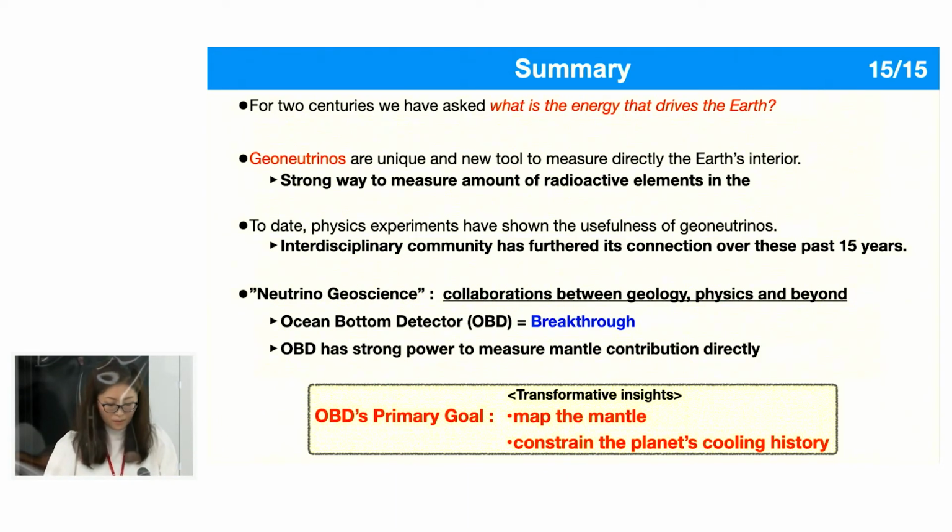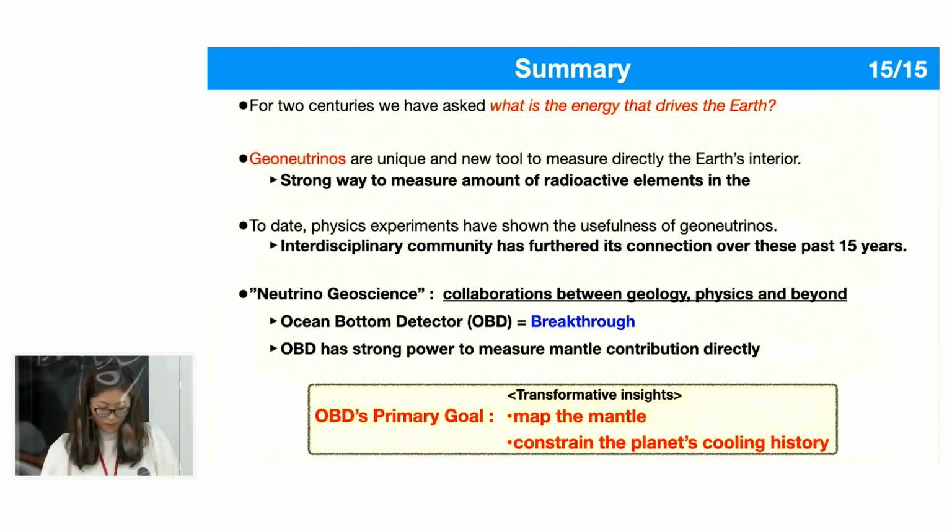And also, in the past 15 years, the interdisciplinary community has furthered its connection. Neutrino geoscience should be a collaboration between geology, physics, and beyond. So truly the ocean bottom detector is our breakthrough to understand the deep Earth.